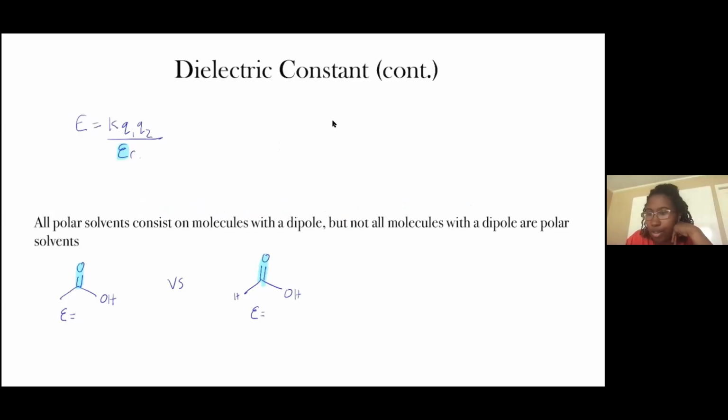Now, if you've ever taken physics, I'm sure you've probably seen this equation in some form. E stands for the interaction energy between two charges. And then we have this highlighted epsilon, and this stands for the dielectric constant.